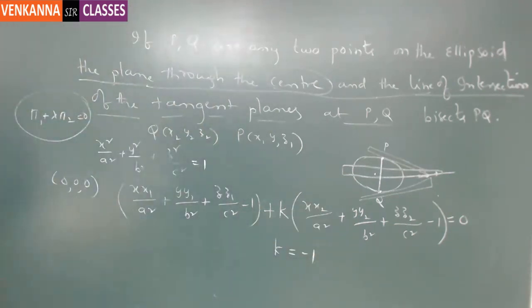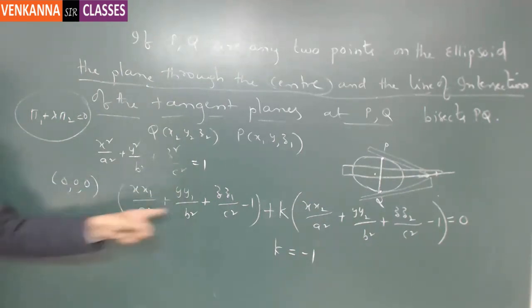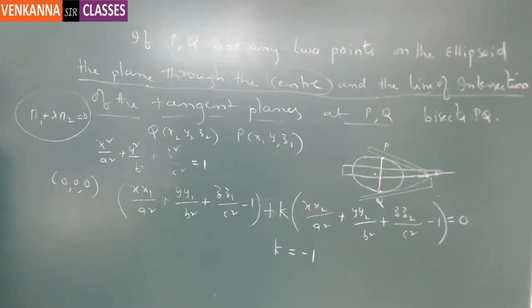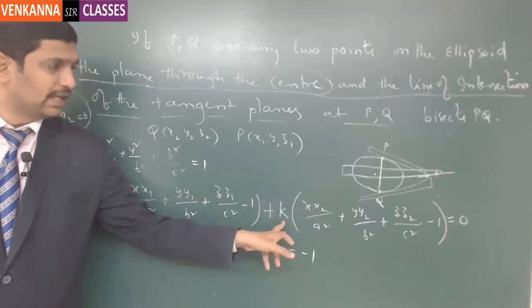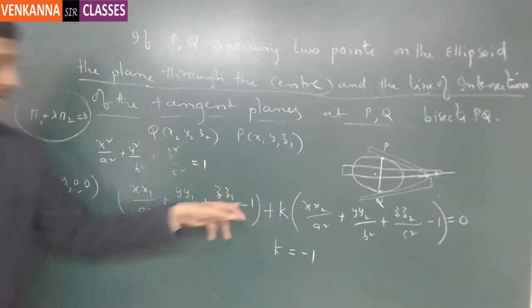Check on that. Substitute 0, 0, 0 in place of x, y, z, you will get k is equal to minus 1. Right.